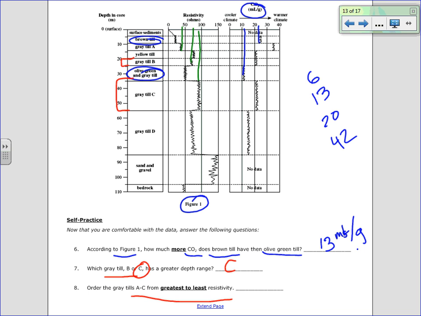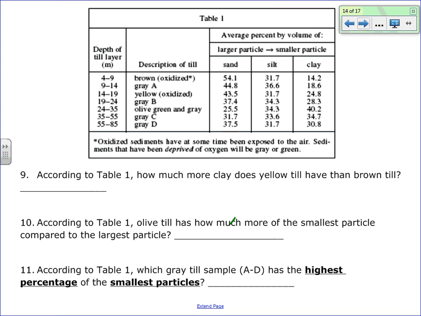It should go in reverse order: C, B, A. If you put A, B, C, you actually got tricked by one of the questions from this passage on the actual ACT in the year it was given, because this says greatest to least, not least to greatest. Be careful. This was a tricky passage on the actual test. People got real mad.